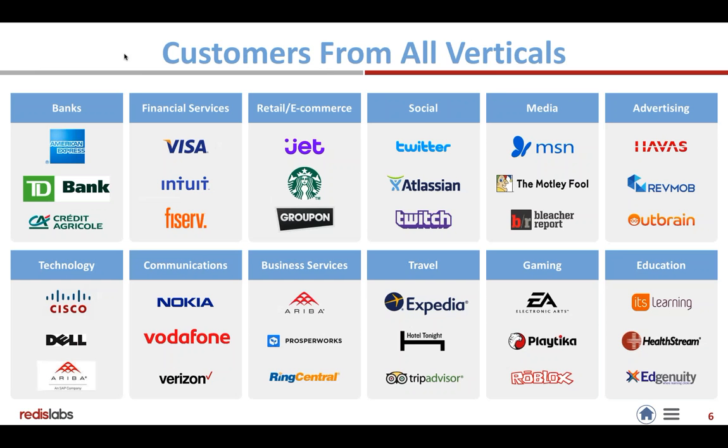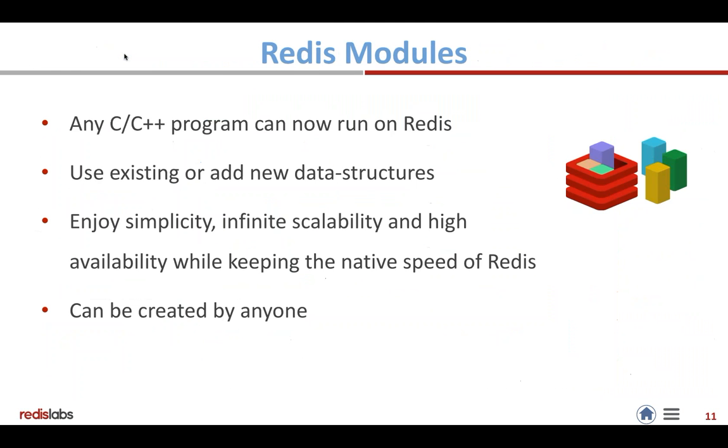Okay, so we have covered the data structures. Now it's extensibility. That's a new feature. In the new version of Redis, there is a stable API where you can write your own data structures. Redis has the largest community of all the NoSQL databases, and people are writing very interesting modules.